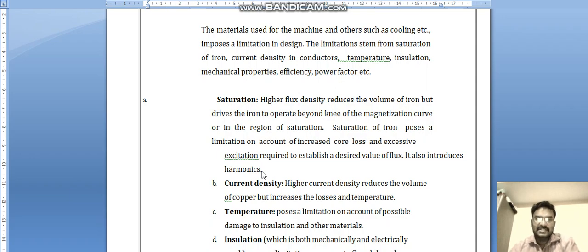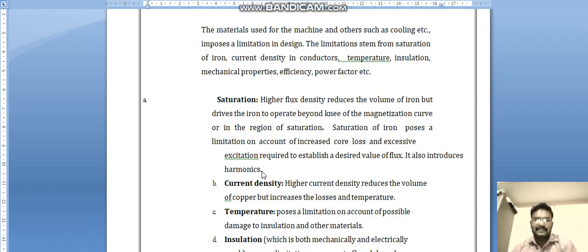In the same way, saturation is nothing but higher flux density reduces the volume of iron, but drives the iron to operate beyond the knee value of the magnetization curve, or in the region of saturation. If the magnetic curve works in saturation, it will be useless; it cannot be used by the machine.